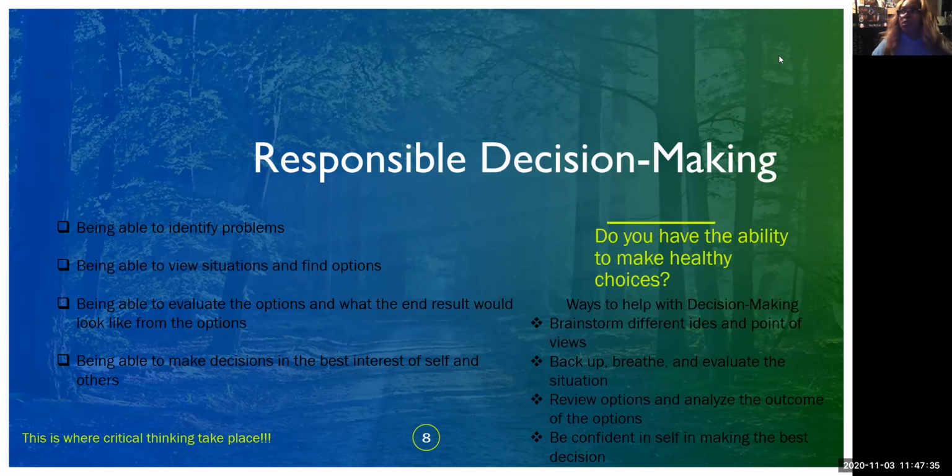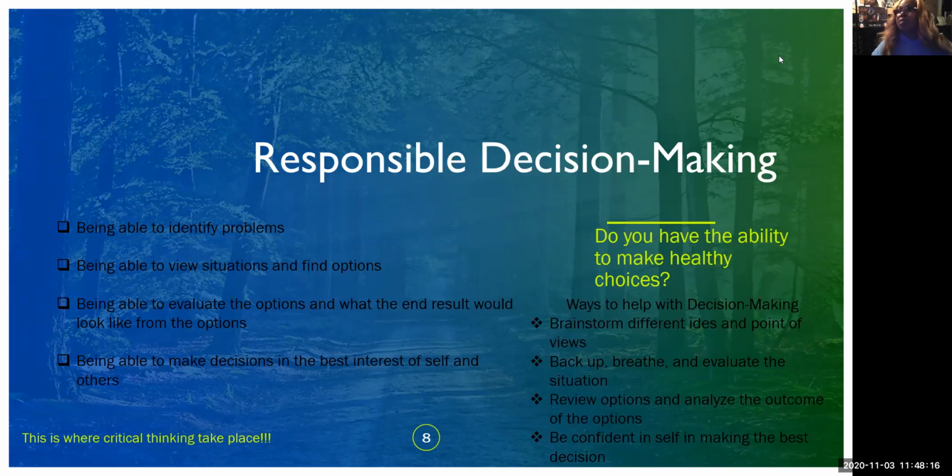Ways to help students in decision making. Help them brainstorm different ideas and points of view when there's a problem, a situation, or a difference. Have them learn to back up, breathe, and evaluate the situation, because everything doesn't need a response right then. Everything doesn't have to be attacked right at that point. Sometimes you've got to back up, breathe, and let it process through in order to look at the situation totally.